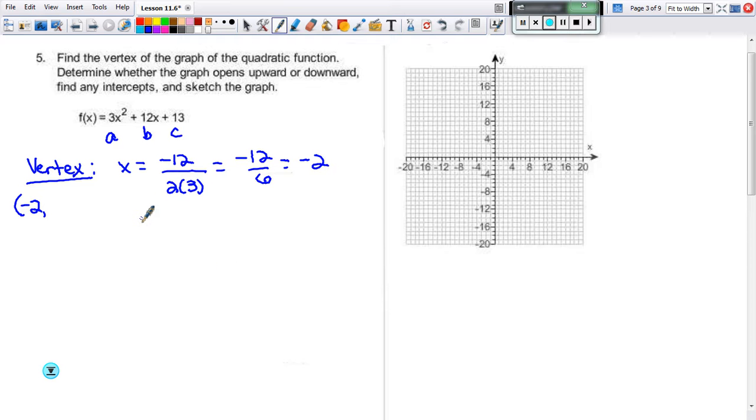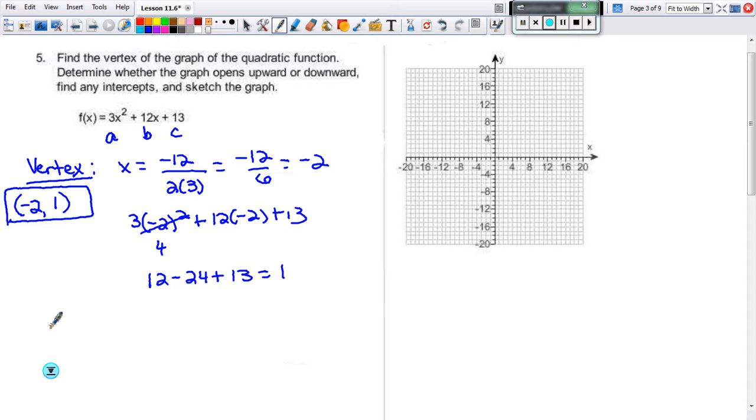And then you plug that into the function, so 3 times negative 2 squared plus 12 times negative 2 plus 13. So take care of the exponent first. Negative 2 times negative 2 is 4. 3 times 4 is 12. 12 times negative 2 is negative 24 plus 13. That equals 1. So the vertex is at negative 2, 1. Because A is a positive 3, positive numbers open up. Positive A's open up.